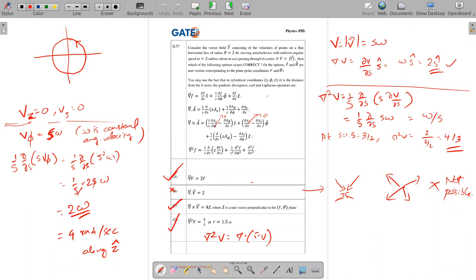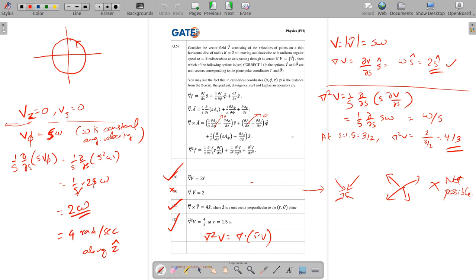We'll be working out some of the questions in detail, and some questions we will just skip, and we will move on to the 2022 question paper also. So this session will have both the 2023 and 2022 question papers. Okay, so with that we can start.